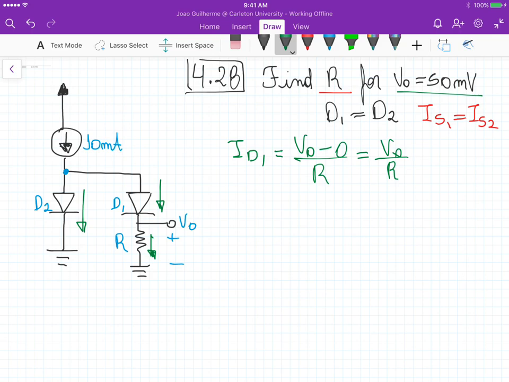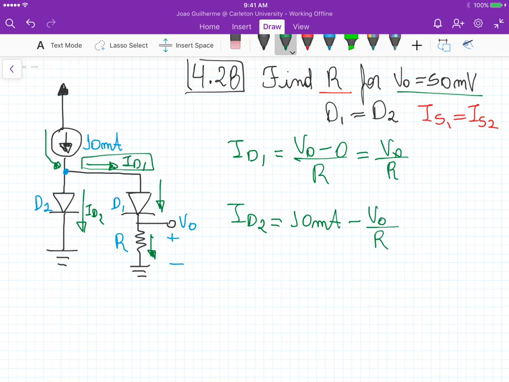This current here is ID1, and this one here is ID2, so we can write ID2 as those 10 milliamps reaching this node from the current source, minus ID1, so minus V0 over R. Those are the equations that we have for ID1 and ID2 from this first analysis of the circuit.